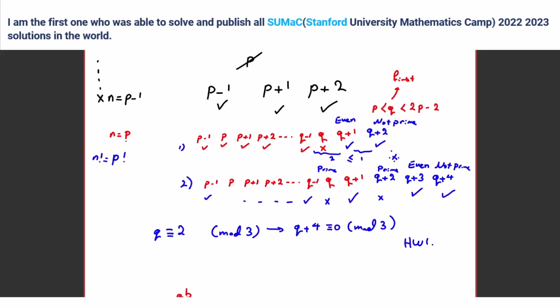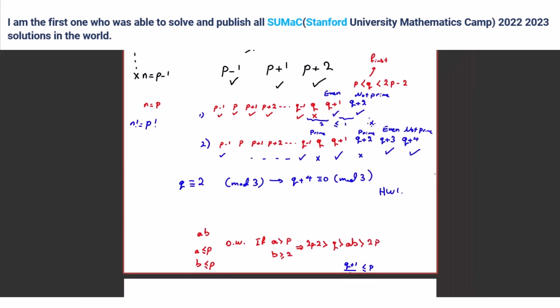So then we said q is greater than p, less than 2p minus 2. If q plus 2 is not prime, then we said, okay, it is a divisor, right? But maybe q is prime, q plus 2 also is prime, and we want to prove q plus 4 is not prime because of mod 3. So we want to prove q plus 4 is a divisor.